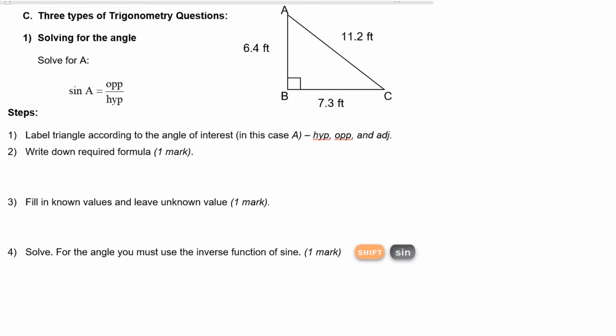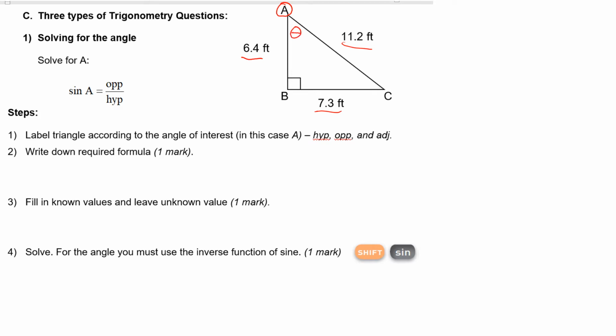Now, here we have a triangle. It says 6.4, 7.3, and 11.2 are the three lengths of it. It says label the triangle according to the angle of interest, and in this case, our angle of interest is A. So just to make it similar to the last one, here is A, our angle of interest, and I'm going to put that theta right here.